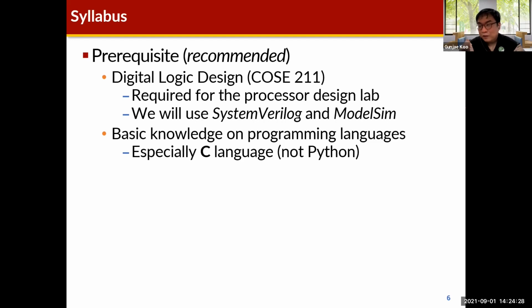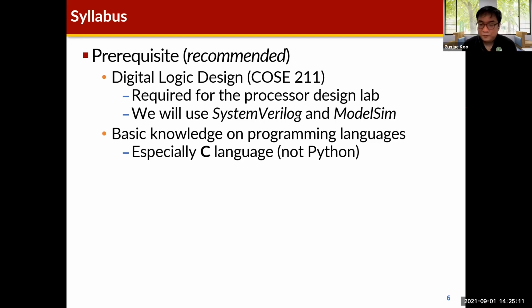C is a kind of high-level language like Python, but it's slightly lower level than Python. With the C language we can use pointers. A pointer is very similar to the address of the data. So I can use some concepts of pointers or the C language in this course, right?